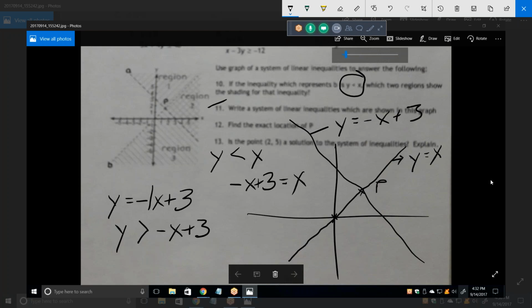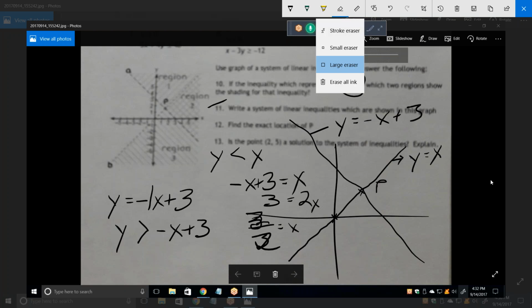So 3 equals 2x, so then divide that. So x is 3 over 2. Oops, excuse me. I'll never say another word about basic math skills.